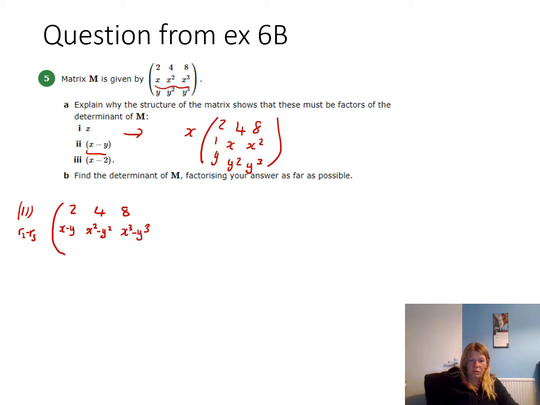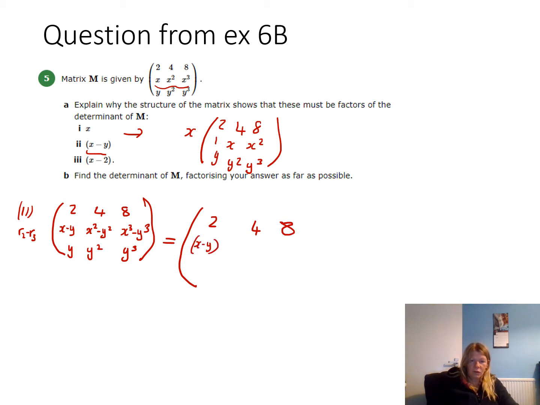And on the bottom you just got y squared, y cubed. Now that can be written as 2, 4, 8 again, but here x take y, no need to do anything with that, that's good.